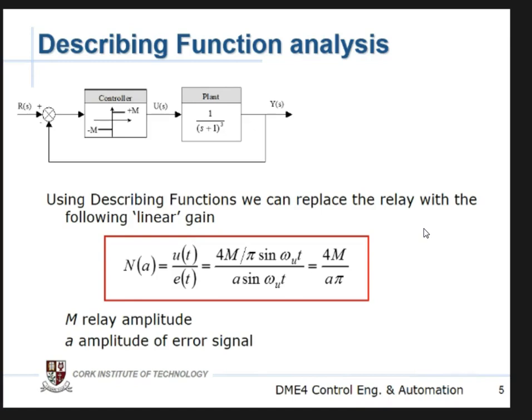So with the exception of the sign, the amplitude of that signal is going to be the same. The minus is obviously just going to flip it. So assuming it's centered around 0, the positive bit becomes negative and the negative bit becomes positive, but I'm not changing the overall amplitude. So in this case, because r of t is 0, it doesn't really matter whether we take the measurement from the error or from the output. E is going to be equal to y in terms of the amplitudes in this scenario because r is 0.